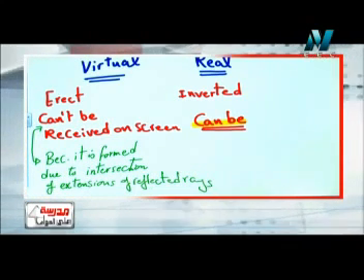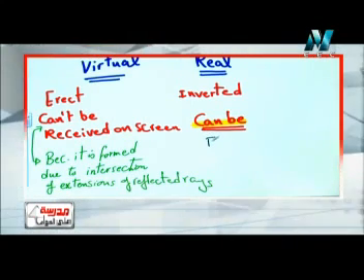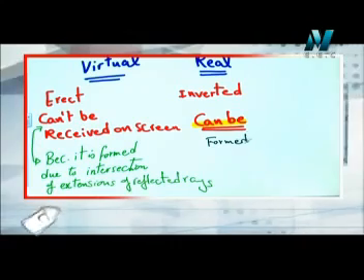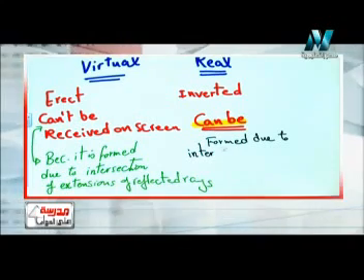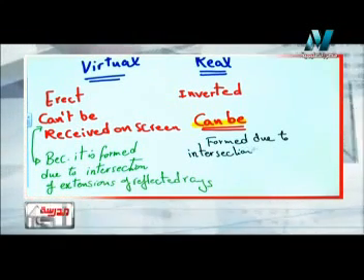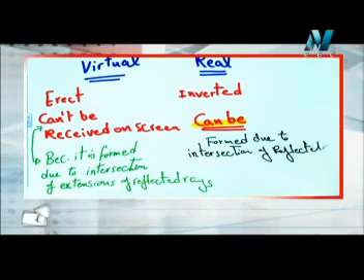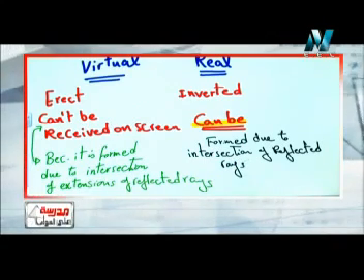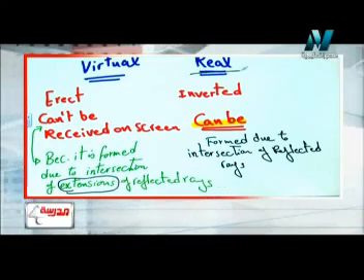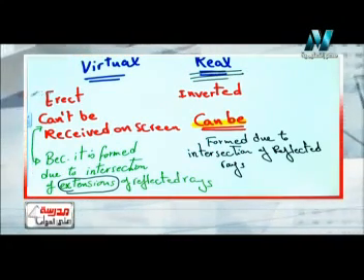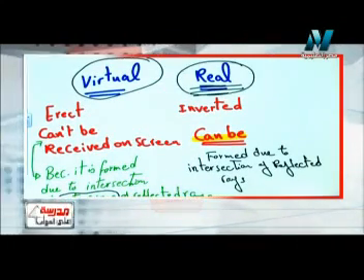But if we talk about the real image, I say it is formed due to intersection of reflected rays. So I directly remove the word extensions in the real image. So here, dear students, we can differentiate between virtual image and real image.